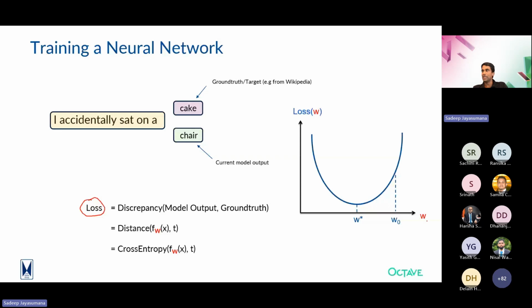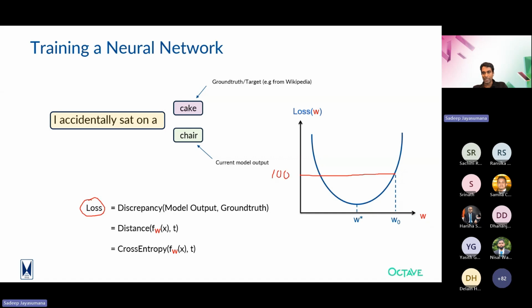It's just a single real number. The loss function could be something like this, and maybe we start the knob at a random position, W0, the initial position. And if you look at the loss at that point, maybe it's a high number, let's say 100.